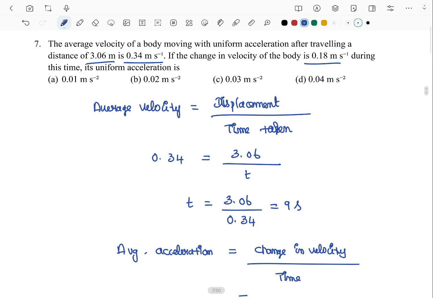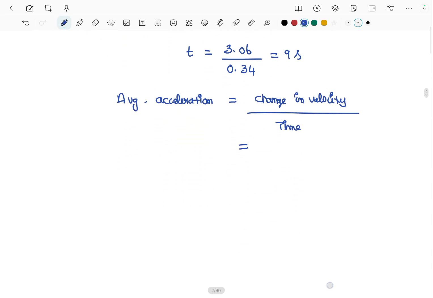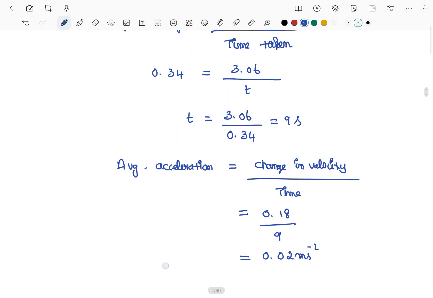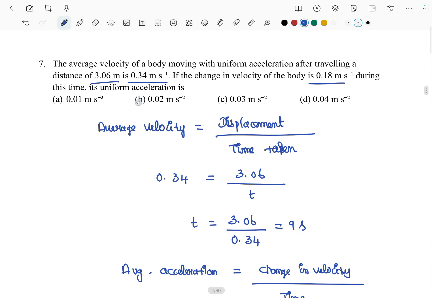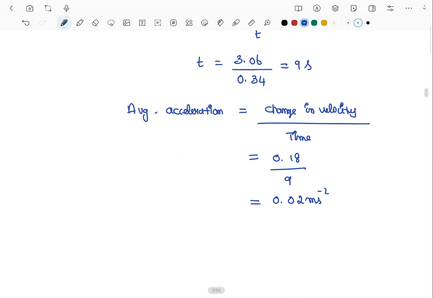The velocity is changing by 0.18, divided by the time we got as 9 seconds. So 0.18 divided by 9 is 0.02 meter per second square. So your average acceleration is 0.02 meter per second square, which is going to be our second option.